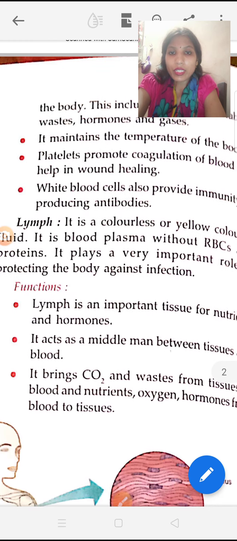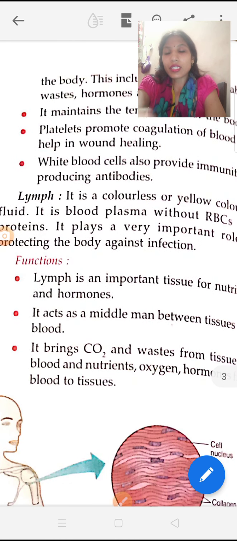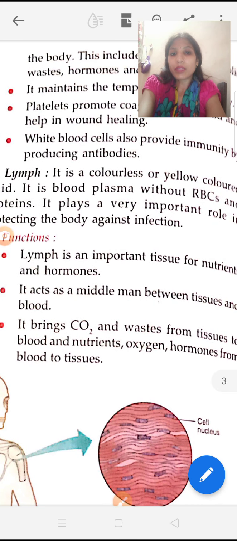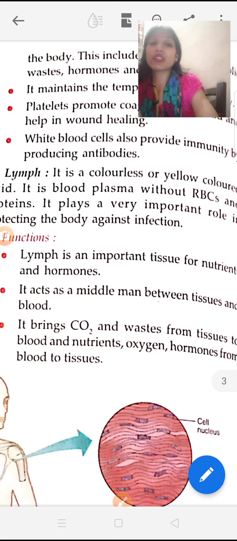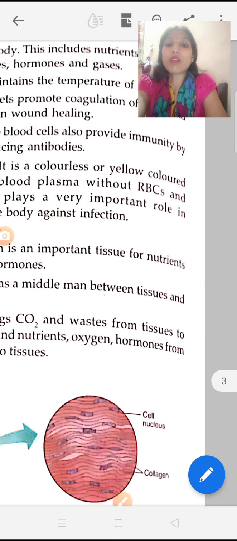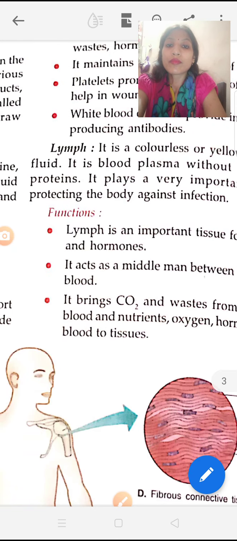Then the lymph is there. Lymph is actually filtered plasma, right? It is yellow in color, or we can say it is filtered blood, like filtered blood. Lymph is the blood plasma without RBCs and the proteins.